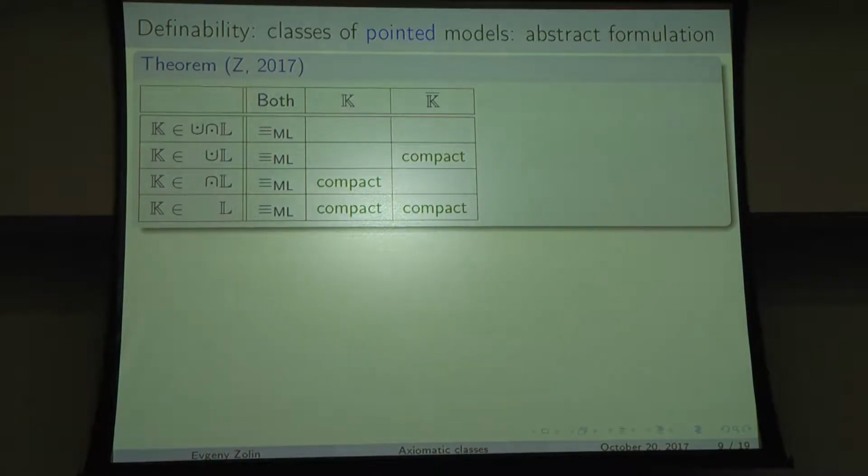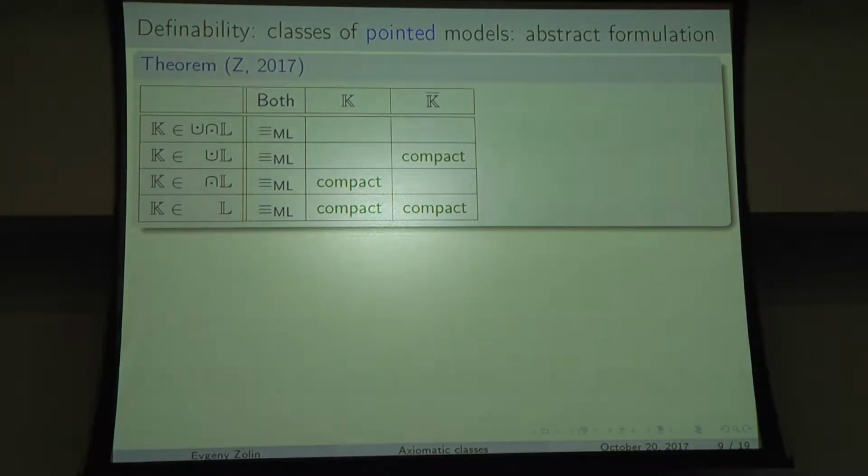A bunch of definability criteria formulated in terms of modal equivalence and compactness. For instance, a class of pointed models, again, I'm considering pointed models right now, is finitely axiomatizable by some modal formula if and only if it is closed under modal equivalence, it is compact, and its complement is compact.